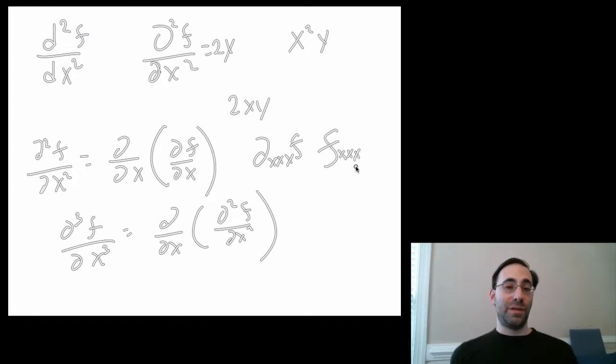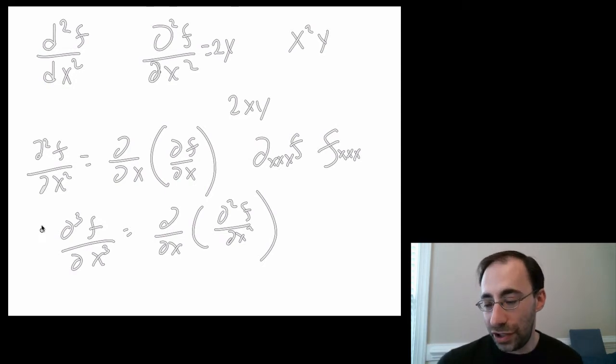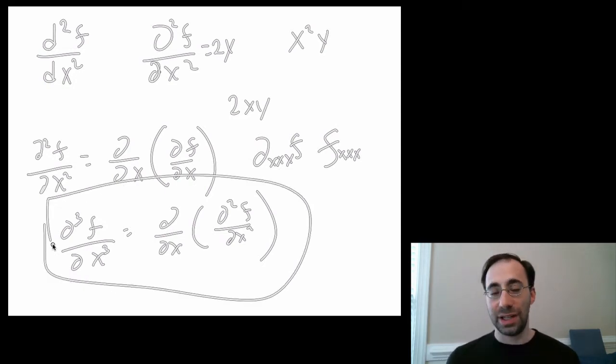When you subscript a function with a variable's name, it typically means take the partial derivative of that function with respect to that variable. But these are all just different notations you might see. The more general, common notation is this.